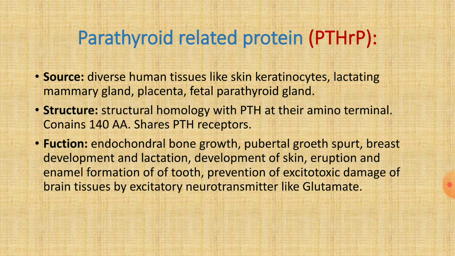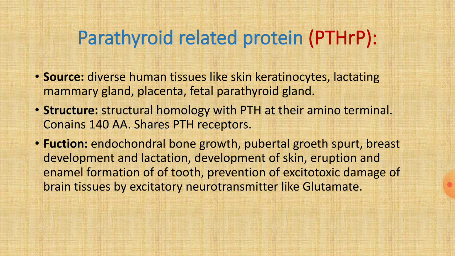PTH-RP is secreted by diverse human tissues like skin keratinocytes, lactating mammary gland, placenta, fetal parathyroid gland, etc. The main functions are endochondral bone growth, pubertal growth spurt, breast development, lactation, development of skin keratinocytes, eruption and enamel formation of the tooth.